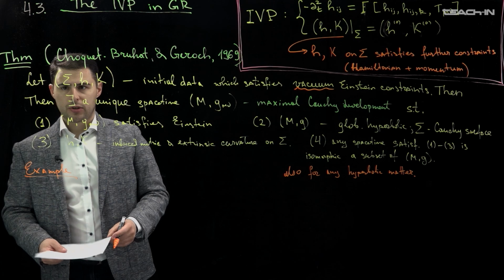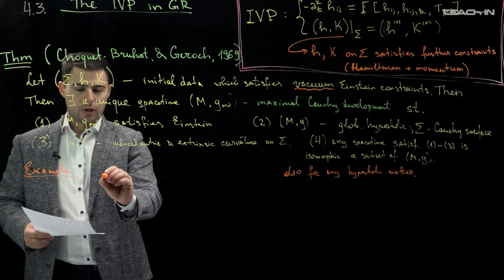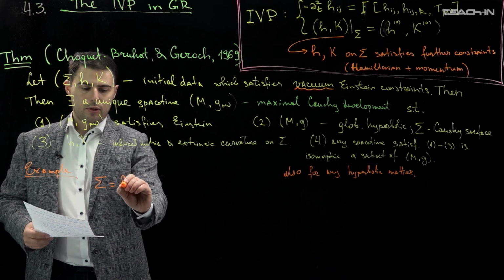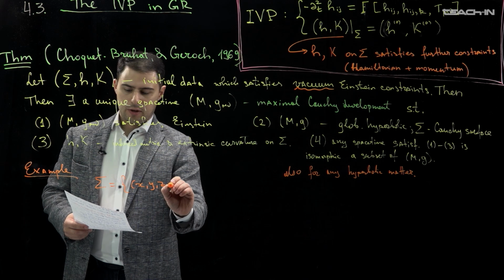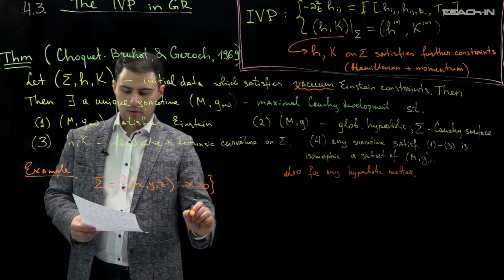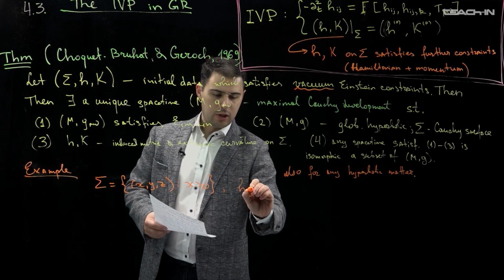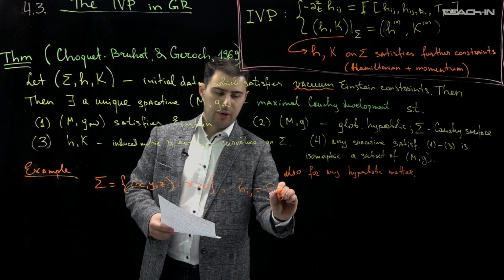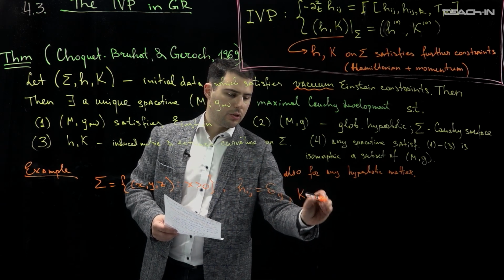So let us consider the three-dimensional hypersurface given in Minkowski coordinates by x, y, z such that x is greater than 0, and h_ij is simply the Euclidean metric delta_ij, and the extrinsic curvature is 0.